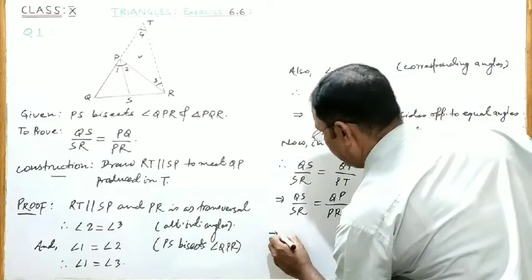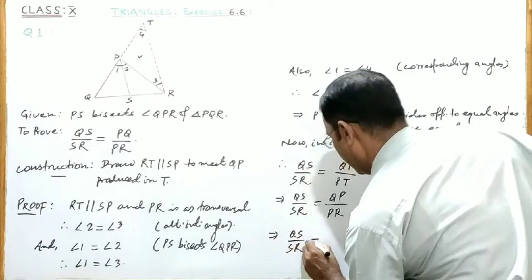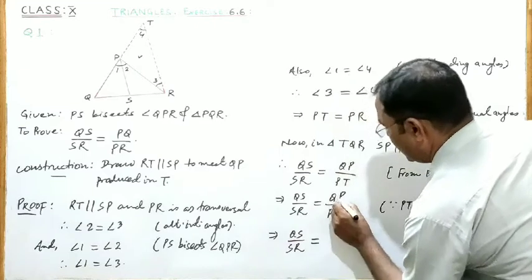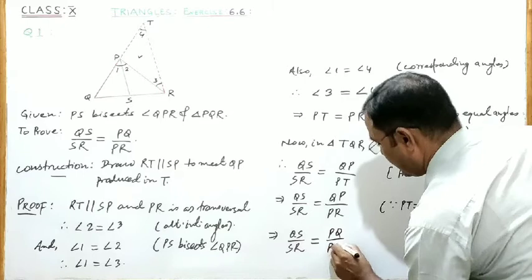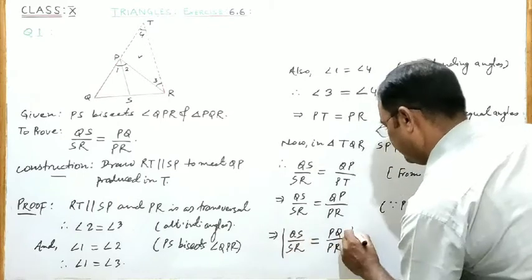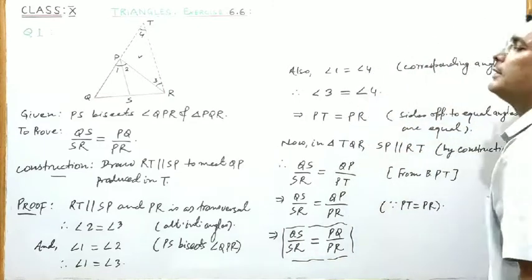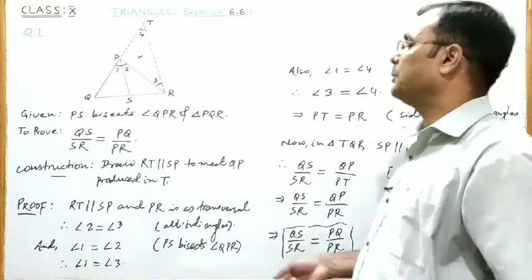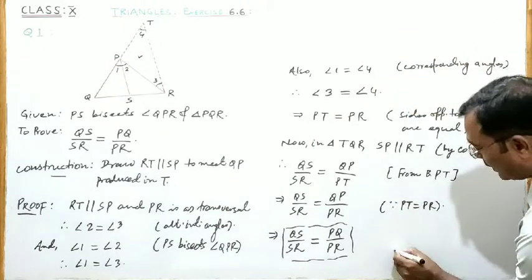And now this implies QS by SR is equal to PQ by PR. And this is the result which was to be proved in the question, and we have proved it like this. Hence proved.